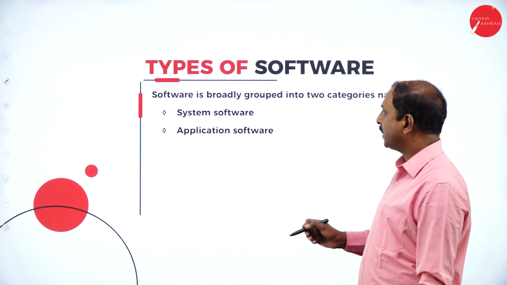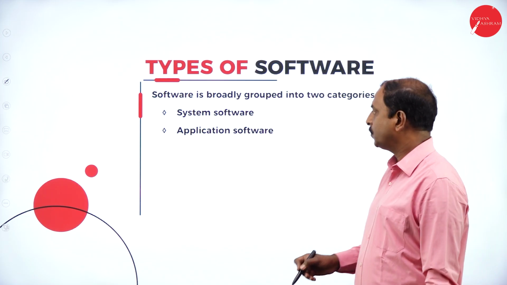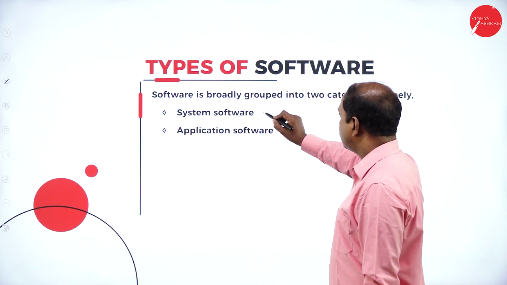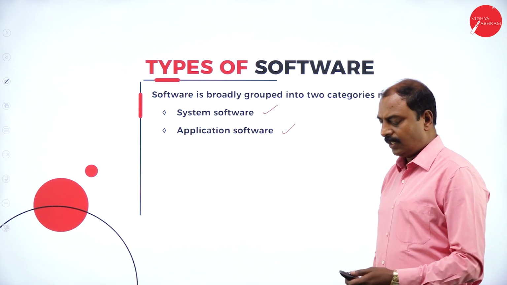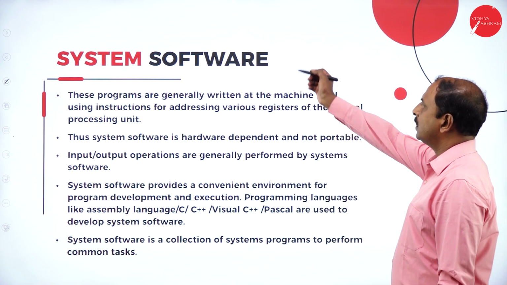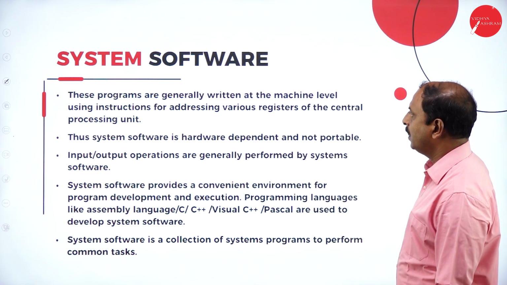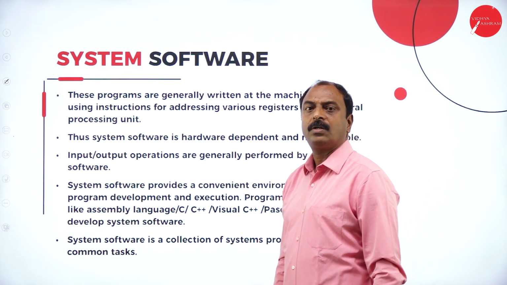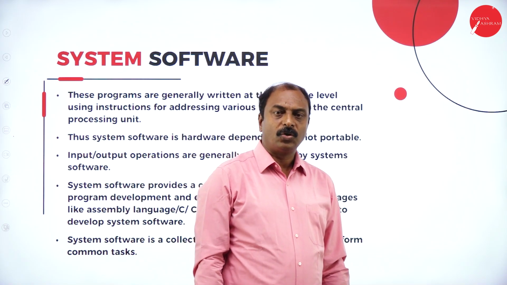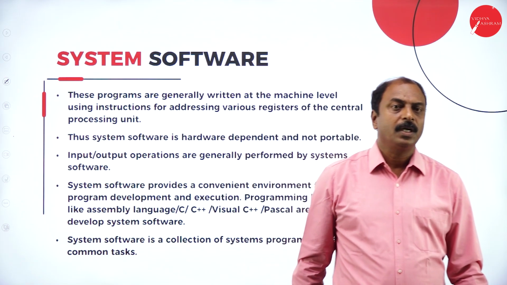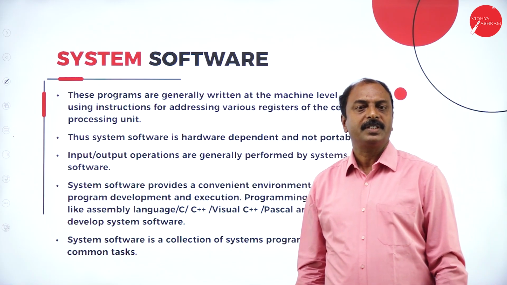Next, let us look at types of software. Here, software is classified into two categories: one is system software and one is application software. Now, what about system software? We have already learned the definition in our previous chapter. It is software which has been developed for the proper functioning of the computer system.